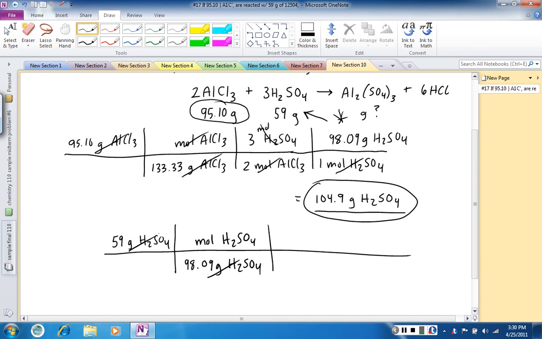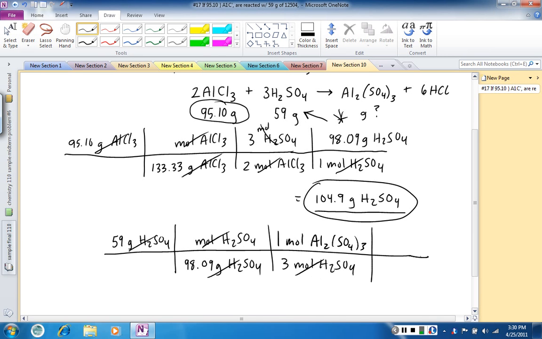The ratio for our product is 3 moles H2SO4 for 1 mole of our product Al2(SO4)3.